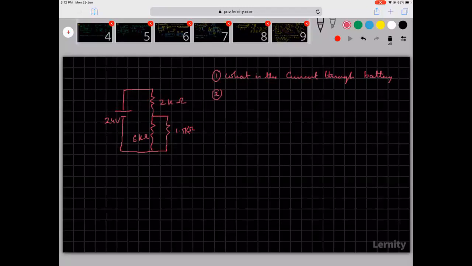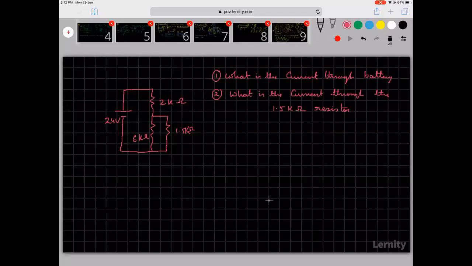The second question is, what is the current through the 1.5 kilo ohm resistor? What is the current through the 1 kilo ohm resistor? That can be another question.